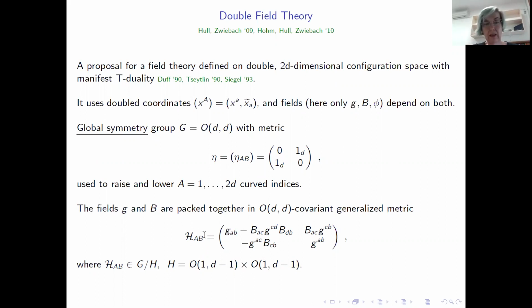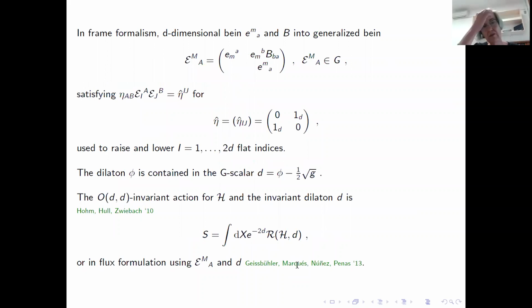This calligraphic H with double space-time indices A and B. This is one particular parameterization given here, just to see an example. It's not unique, obviously. This generalized metric lives in the coset of the group G over H, which is here the double Lorentz group.